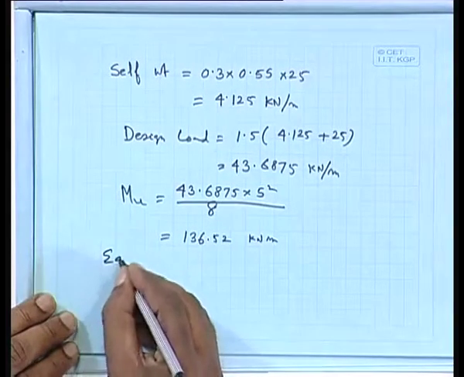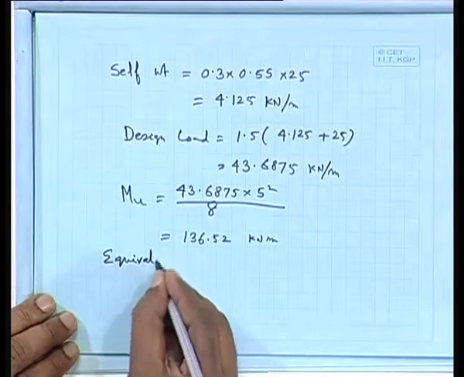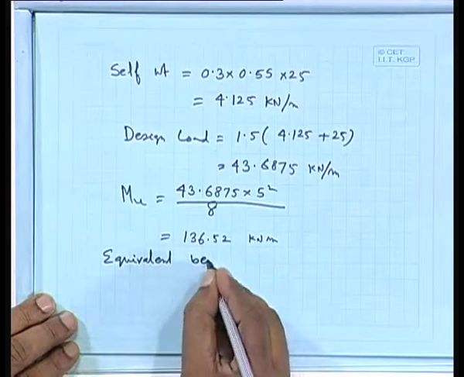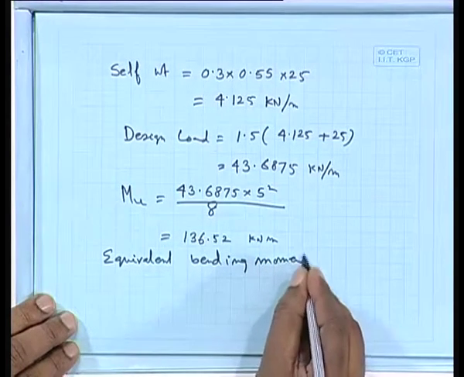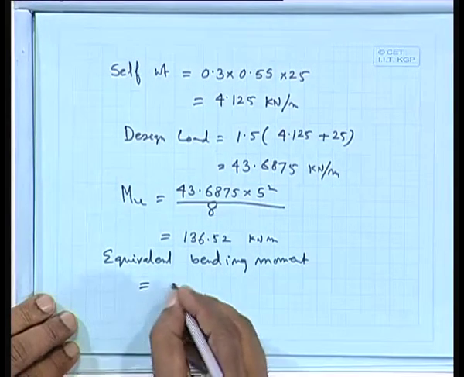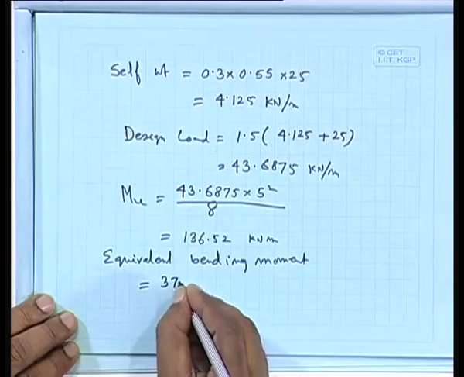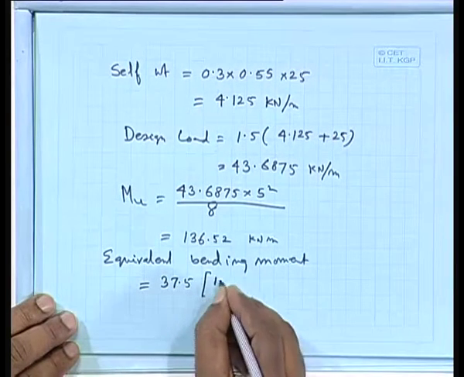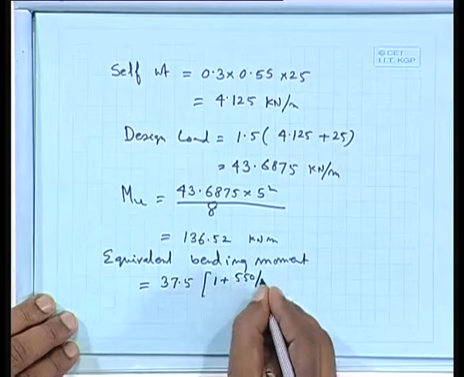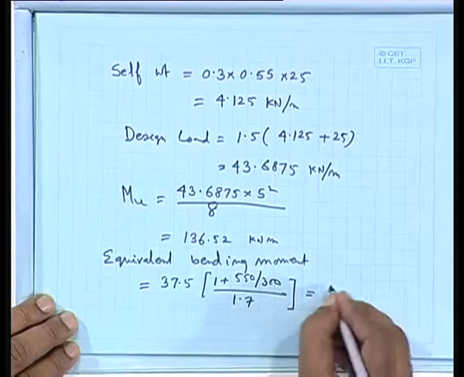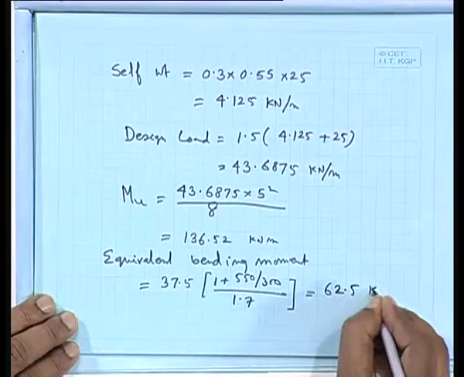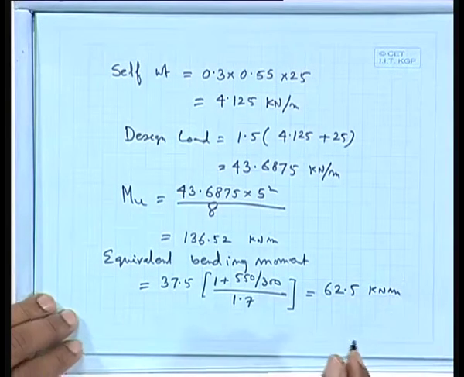Equivalent moment: 37.5, 1 plus 550 by 300 by 1.7 equals 62.5 kilonewton meter.